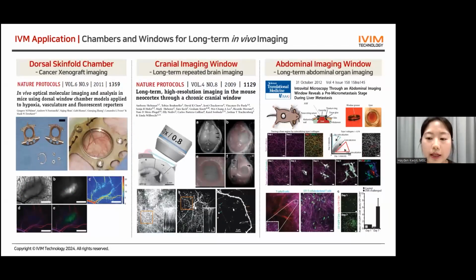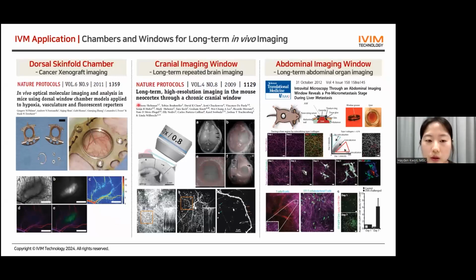So, I will provide actual installation images of the windows shown earlier as samples. The dorsal skin fold chamber, commonly used in cancer research, is attached to the dorsal skin, allowing easy observation of drug efficacy for cancer treatment and angiogenesis.